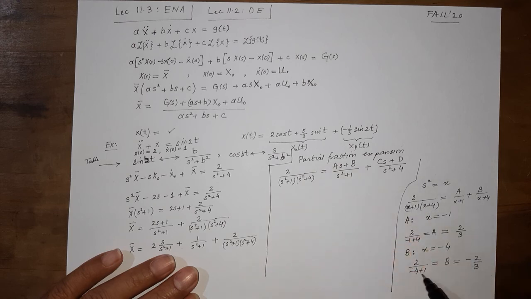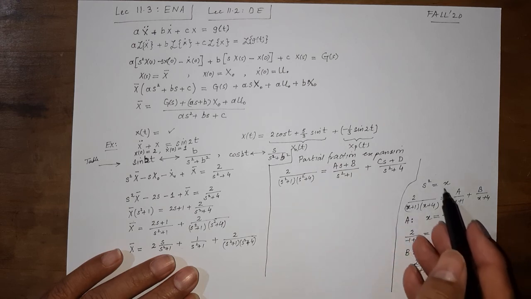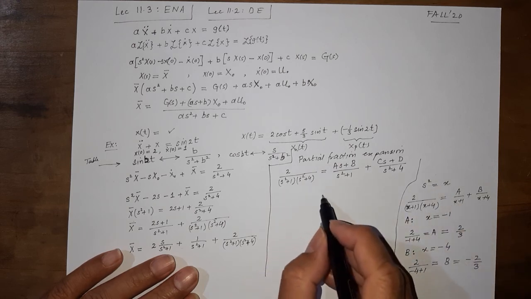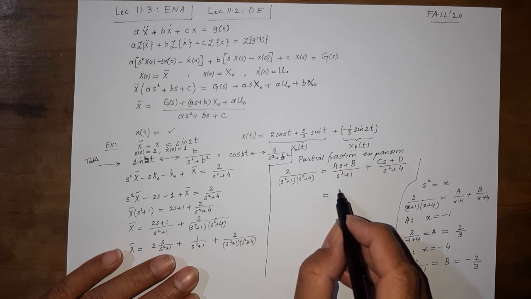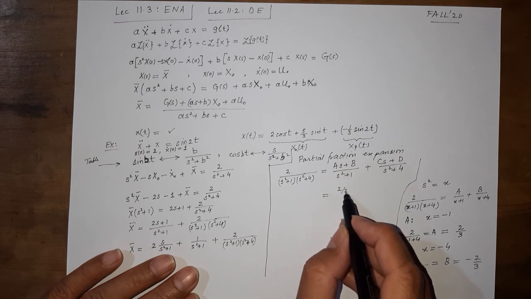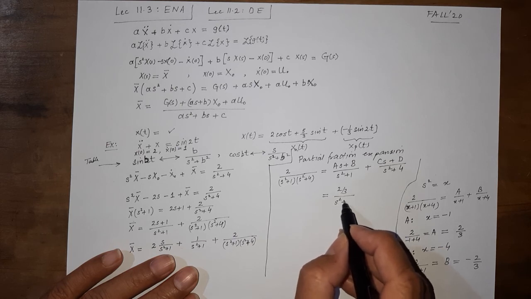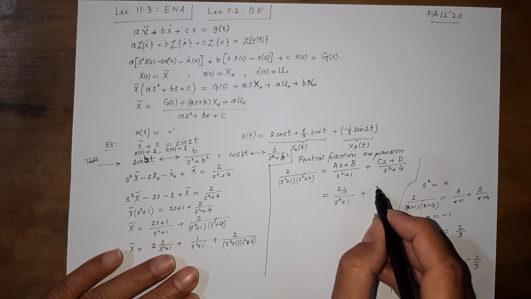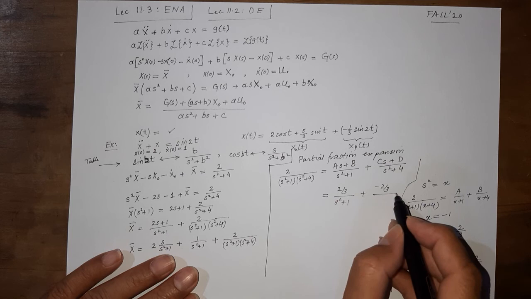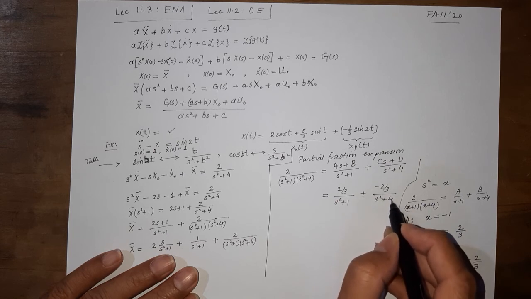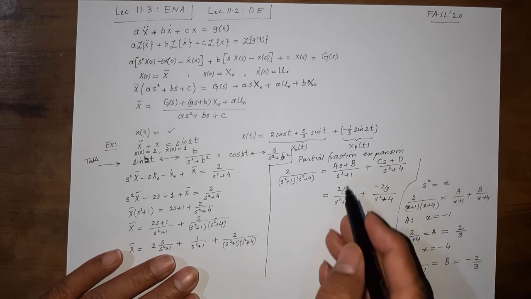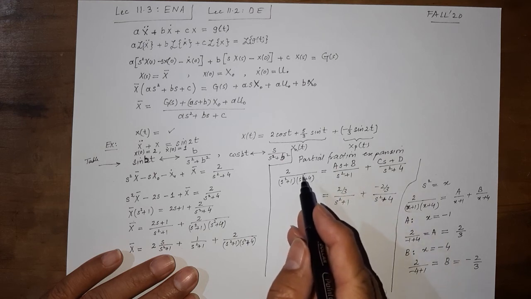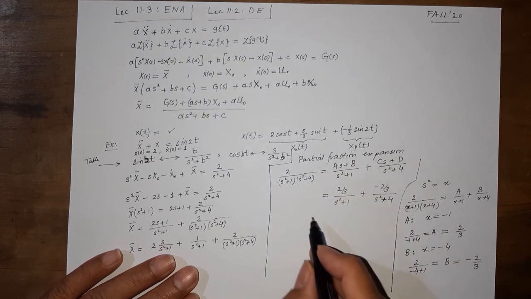So because x was s square, we are going to get this equal to 2 by 3 over s square plus 1 plus minus 2 by 3 over s square plus 4. You can solve it in the method you know, and you are going to get the same result.